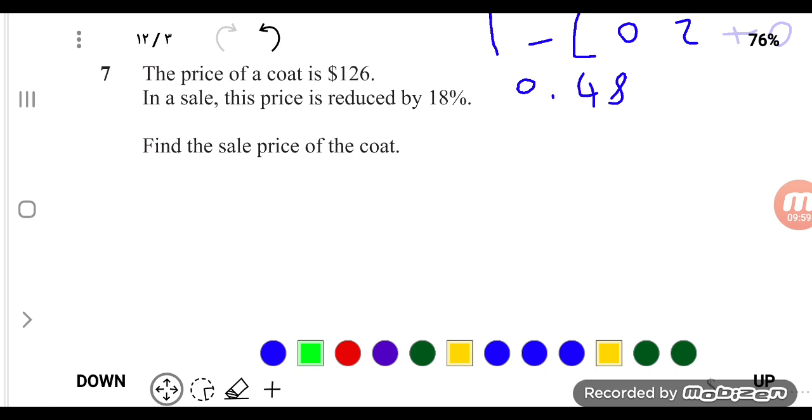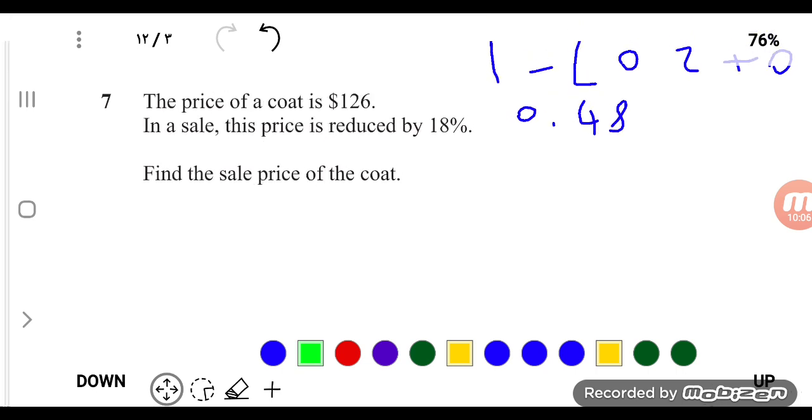We do original minus percent times original. So that's the equation.